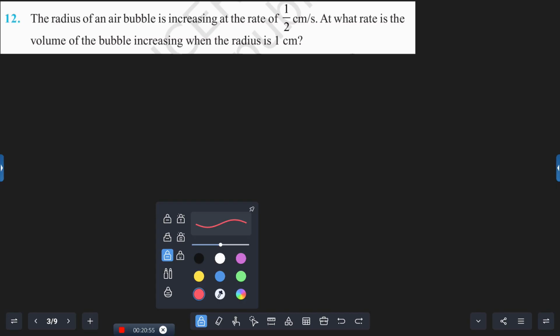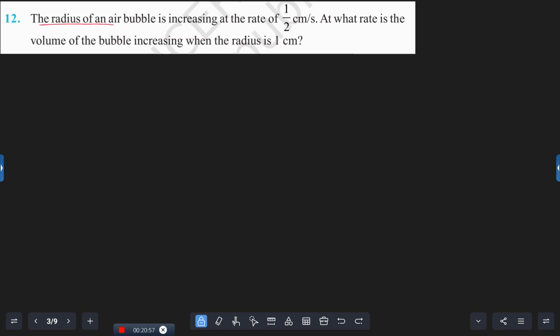The radius of an air bubble. A bubble, you should consider it to be in the shape of a sphere. Don't forget. The radius of the air bubble is increasing at the rate dr by dt, which is equal to half centimeter per second.